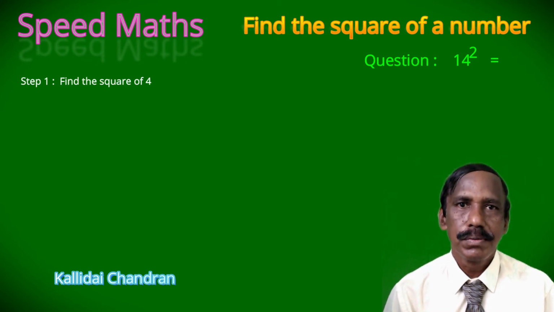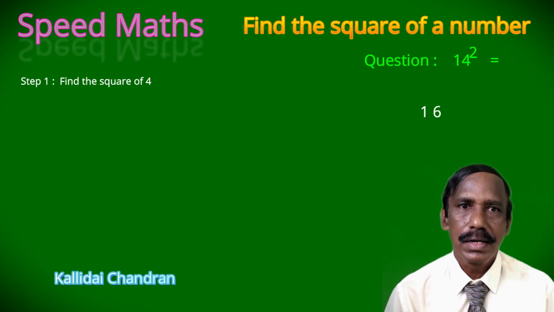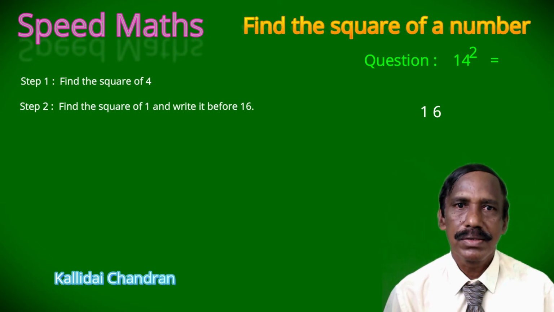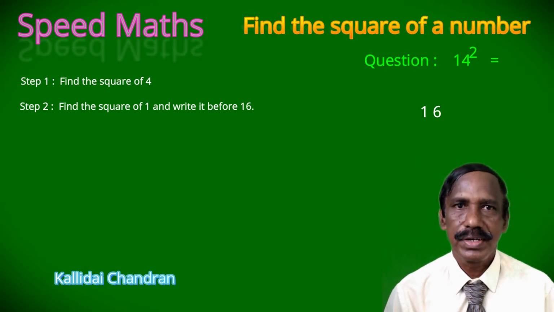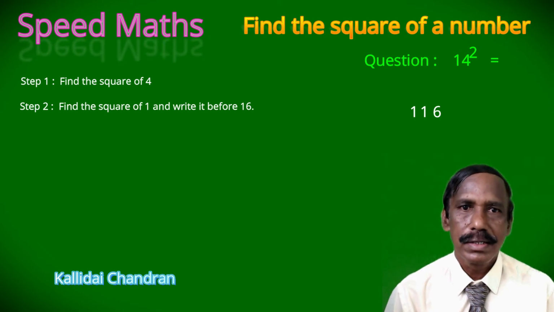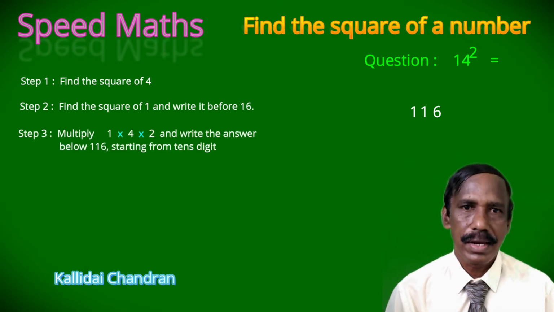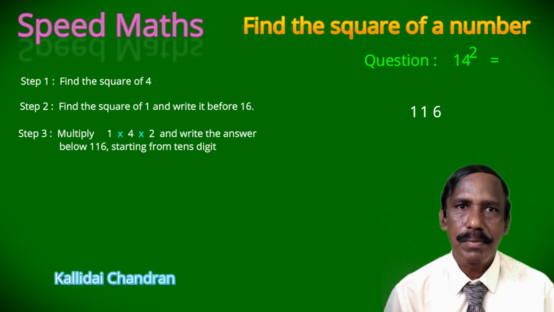Now the question is to find the square of 14. So find the square of 4, 4 into 4, 16, then write it down here. Then find the square of 1, 1 is 1. So you write 1 just before 16 as displayed here. Thus 116 will appear here. Then multiply 1 into 4 into 2. So 1 into 4, 4, into 2, 8.